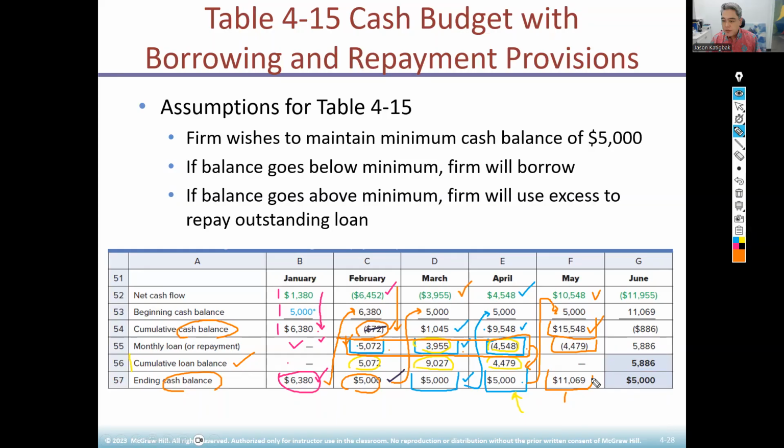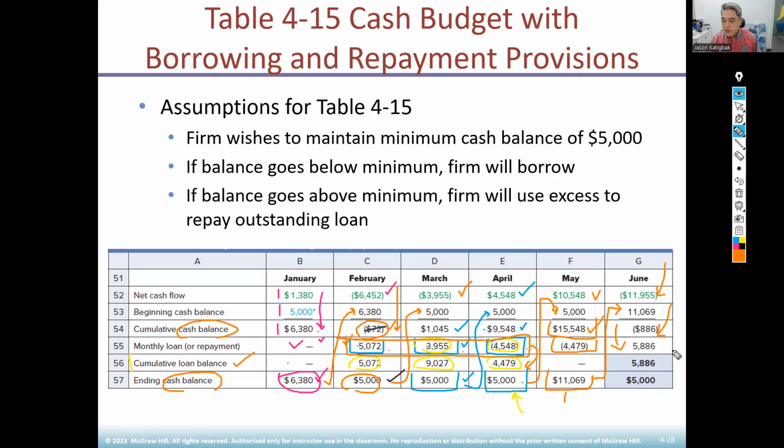So it's good. So I carried over again here in the month of June. But now my movement in June is negative 11,955. So I have an 886 deficit or a negative cash. So I need to keep a 5,000 balance, so I would borrow $5,000 above the 886.